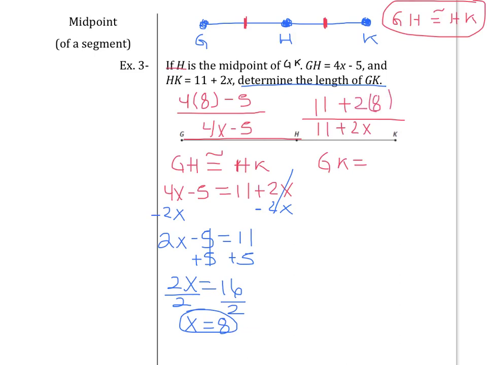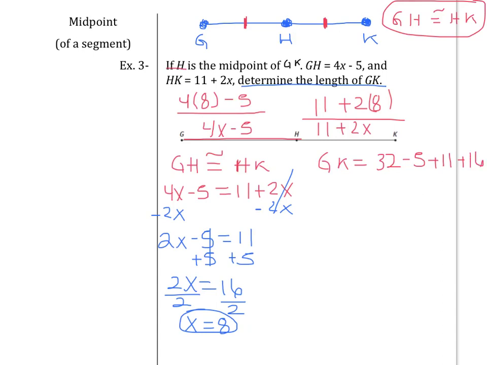So this is 4 times 8, that's 32, minus 5, plus 11, 2 times 8, that's 16.